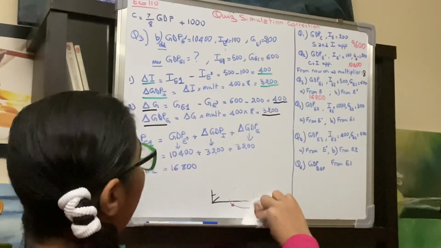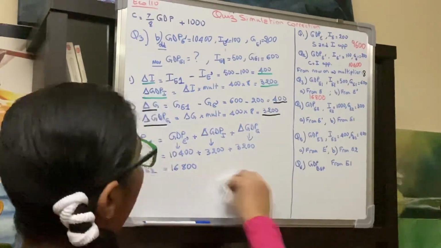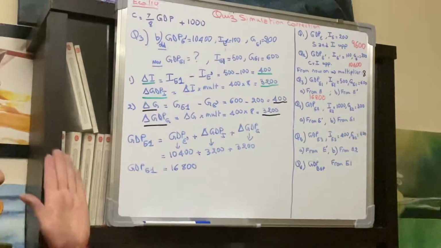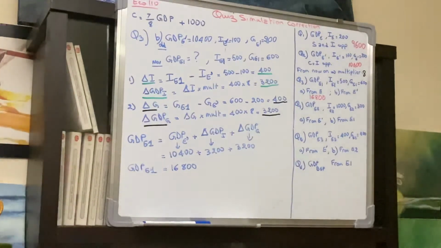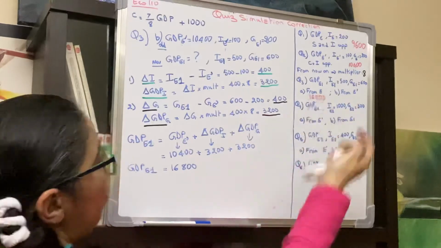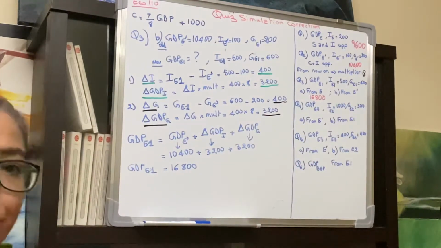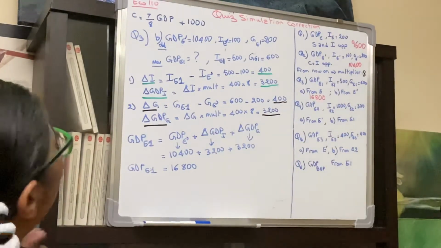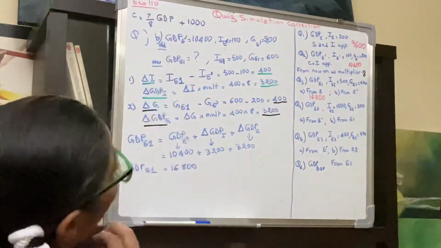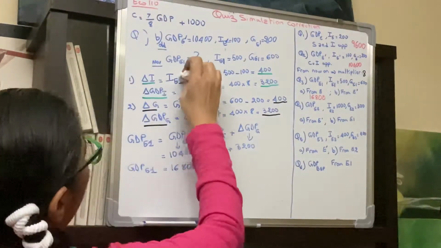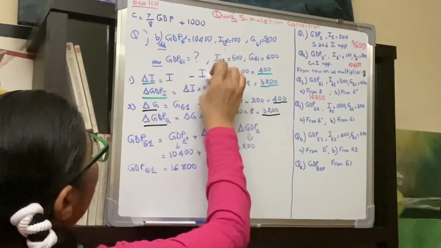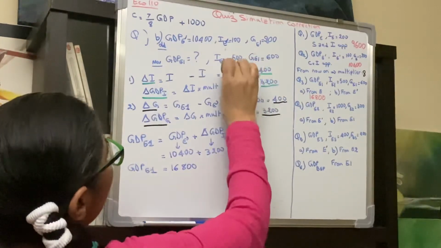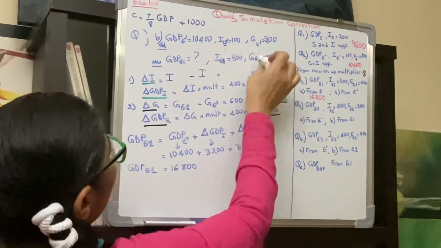Now I'm going to move to the other question, which is question 4. So take screenshots and I'll move it on. So it's the same GDP. I'm not going to write it twice. Okay? Let's move. So question 4, what am I looking for? I'm going to delete only the things I need to delete and keep the rest written.